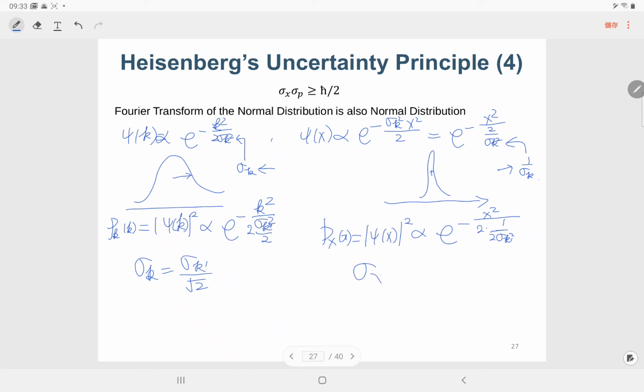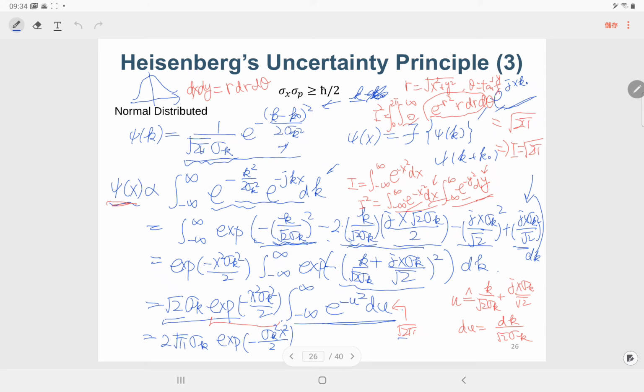So sigma x should be 1 over square root of 2 sigma k prime. And we finally know that sigma x, sigma k should be 1 over 2. So this is not that one, this is sigma p.